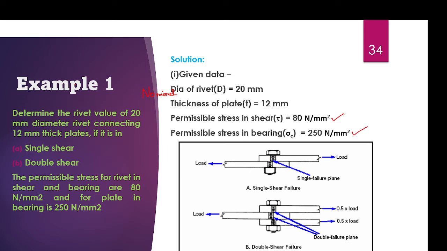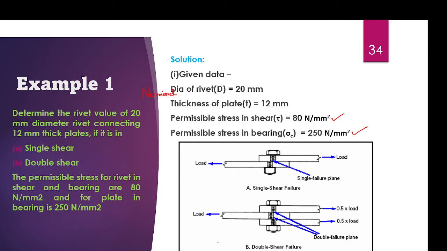Okay, so before going to solve the problem, we need to know the shear condition first. We have to have a clear concept about the shearing failure. As we are asked to calculate the rivet value for two conditions, that is number A, single shear, and number B, double shear.